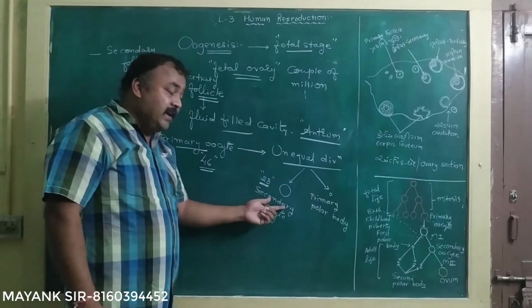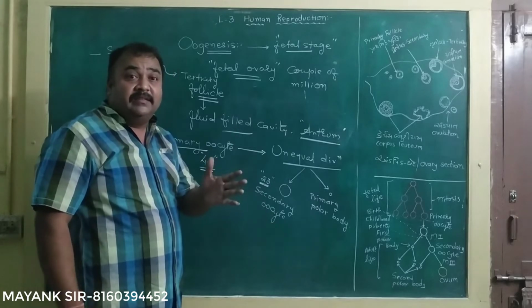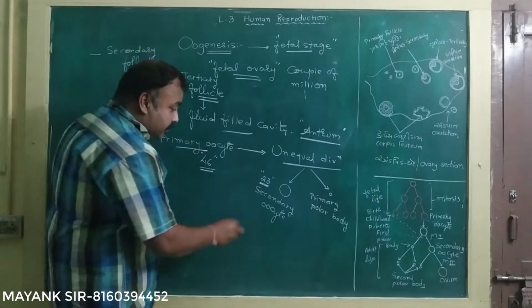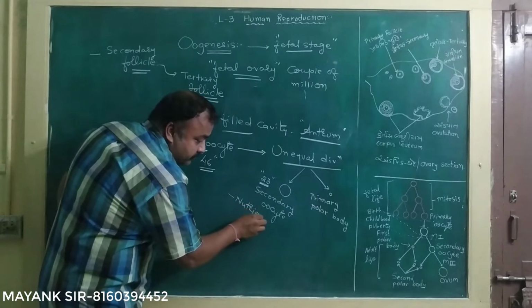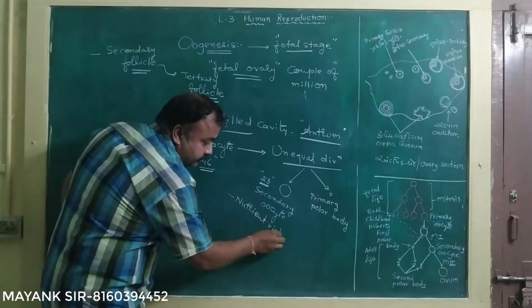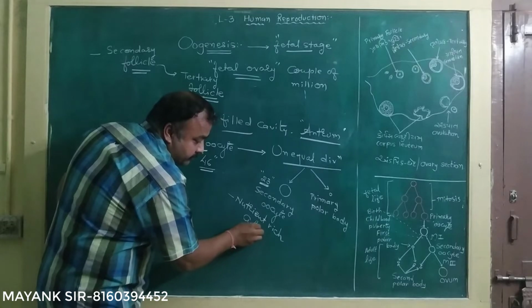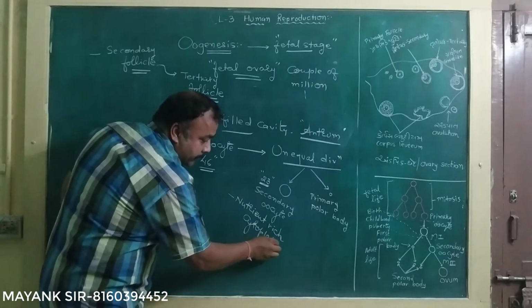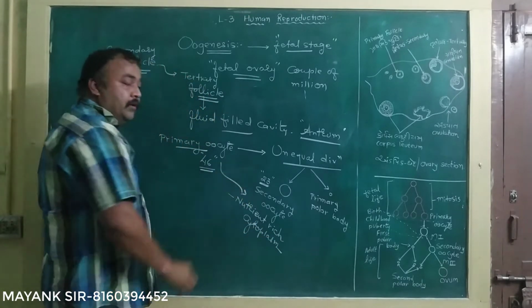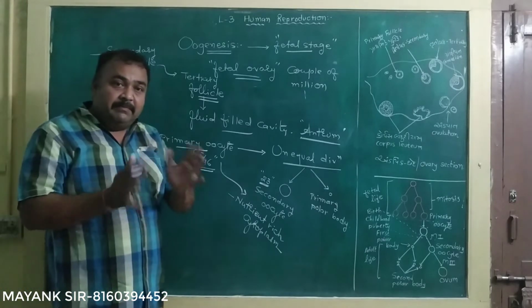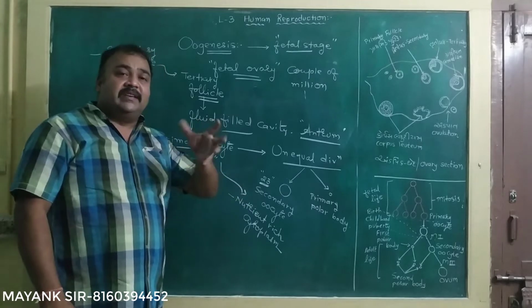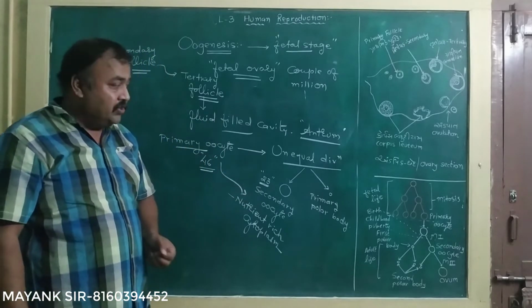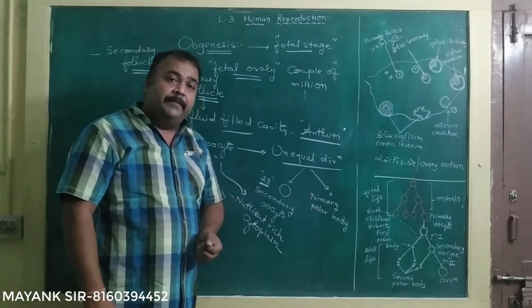But the secondary oocyte retains most of the nutrient-rich cytoplasm from the primary oocyte, so the size of the secondary oocyte is larger than the primary polar body.